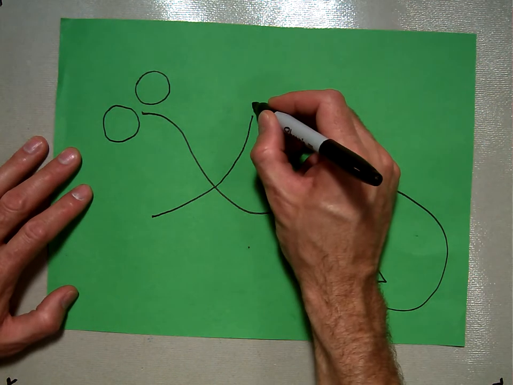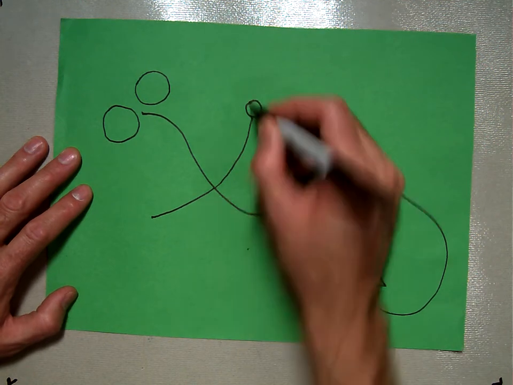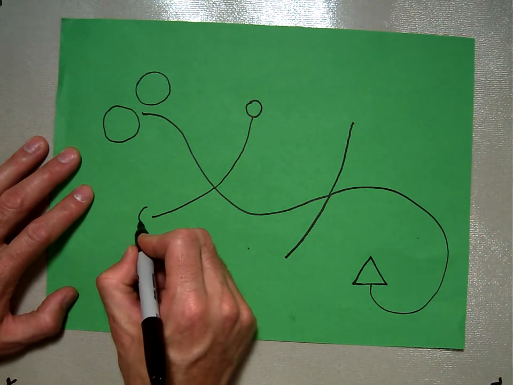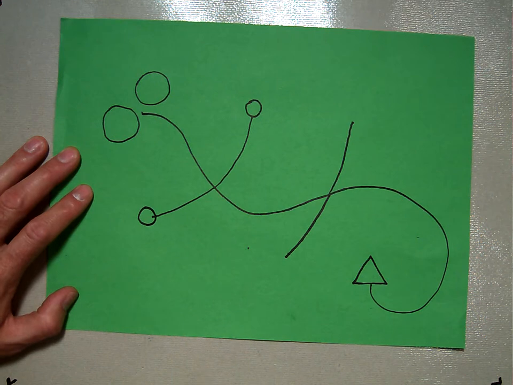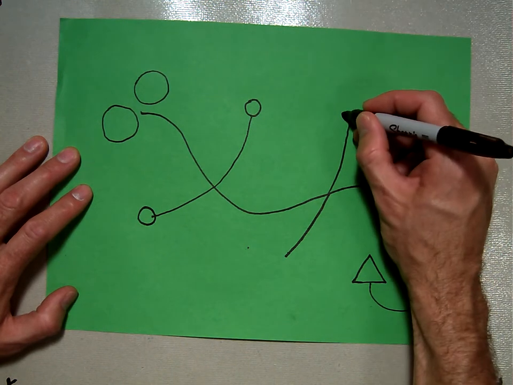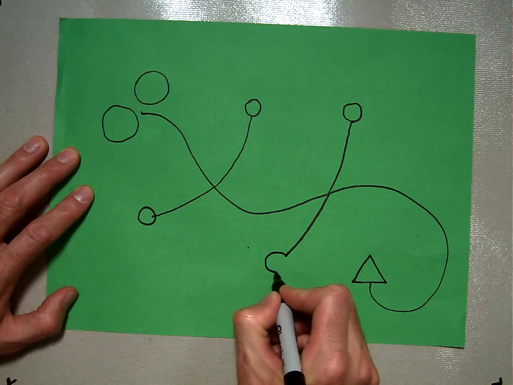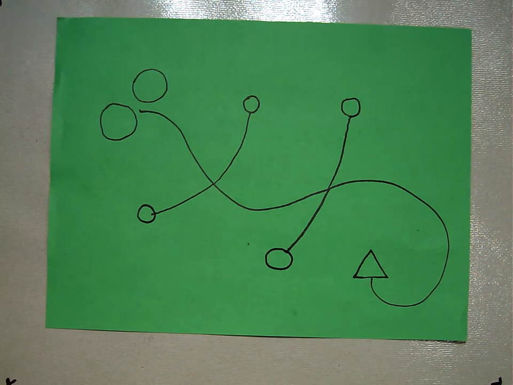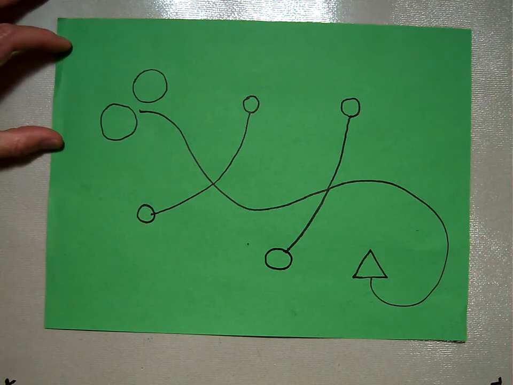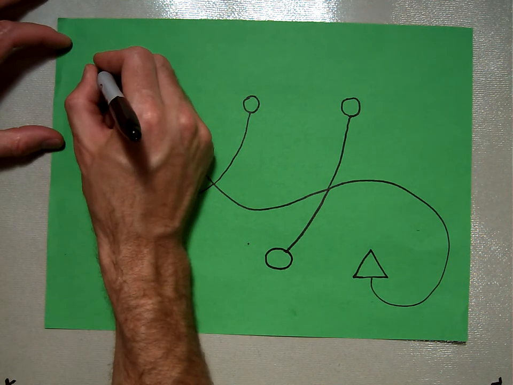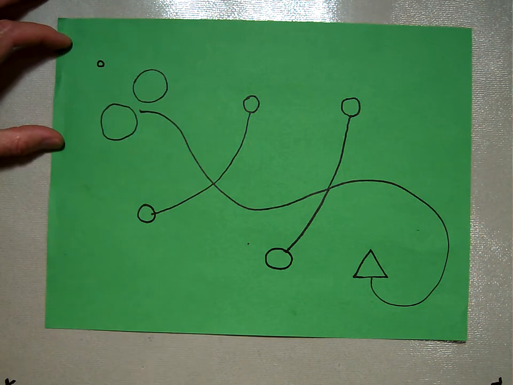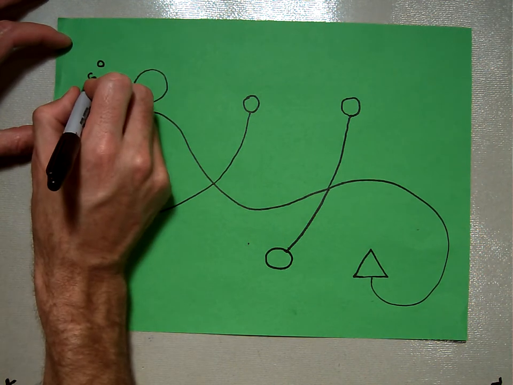I'm going to put a little circle here on the end of this line and another little circle here on the end of this line. Another little circle on the end of this line and another little circle on the end of this line. Good. Now we're going to do two more little circles. We're going to do a little circle up here and a little circle right here.